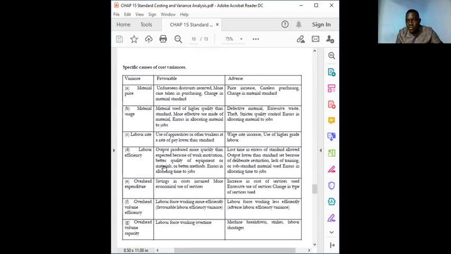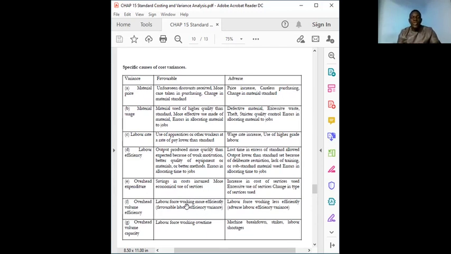Now, wage rate increases, like when there's inflation as well, or labor unions agitate for a pay rise, that may cause the rates that you are planning to pay to be different from what you actually paid. And when you use high grade labor, you must pay them more, or you use more skilled labor than you had planned.